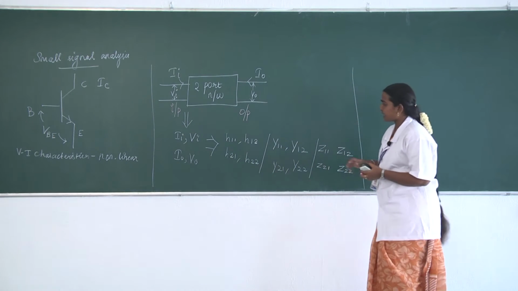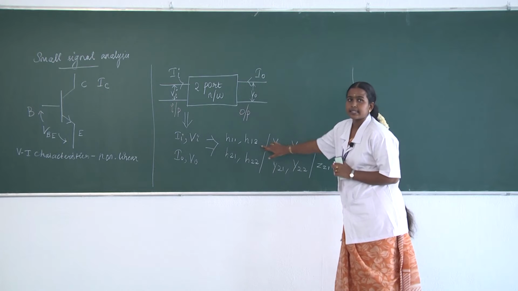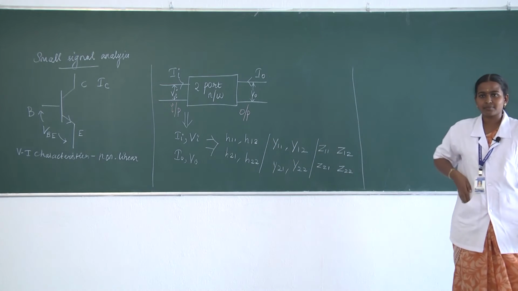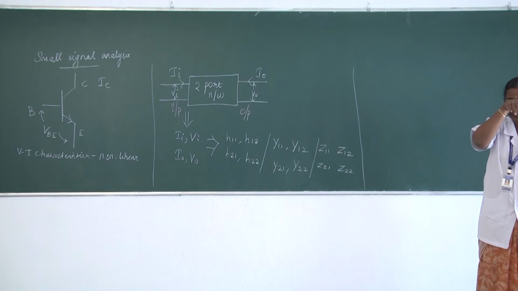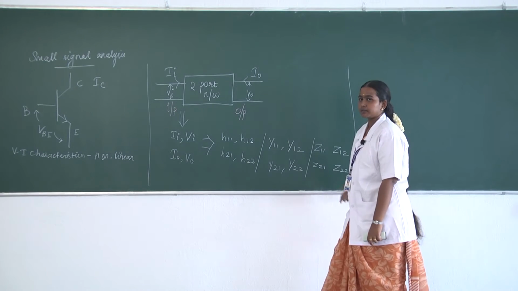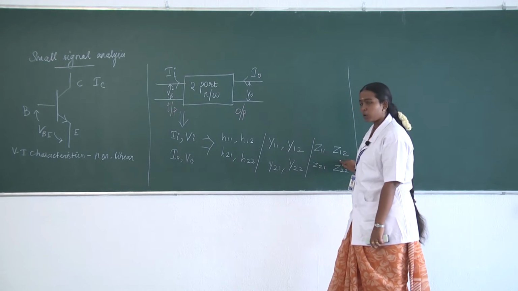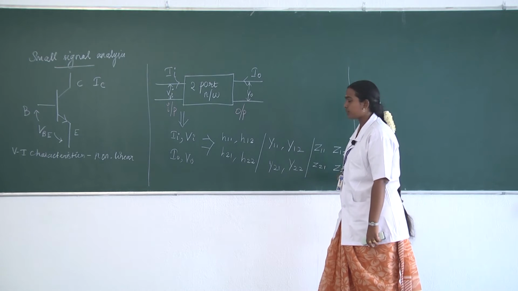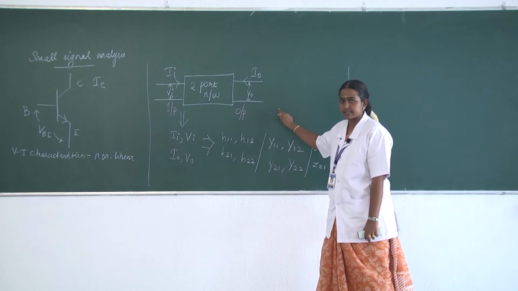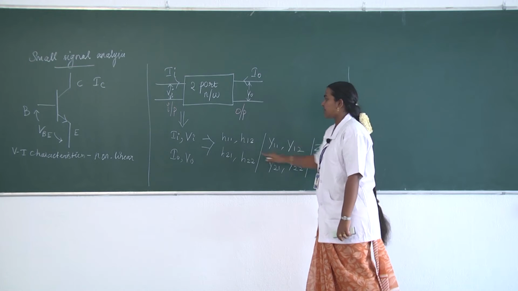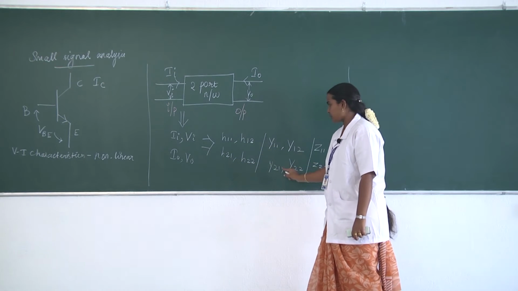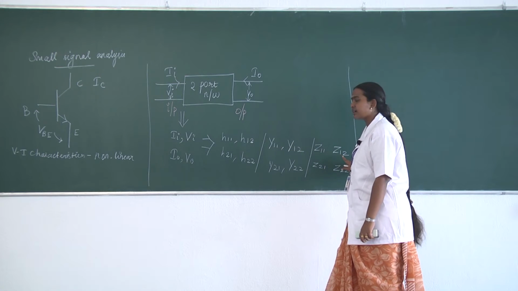As I have told earlier, we are going to find these four equivalent parameters in order to analyze a transistor. So we are going to find H11, H12, H21 and H22, or otherwise the Y terms or otherwise the Z terms.